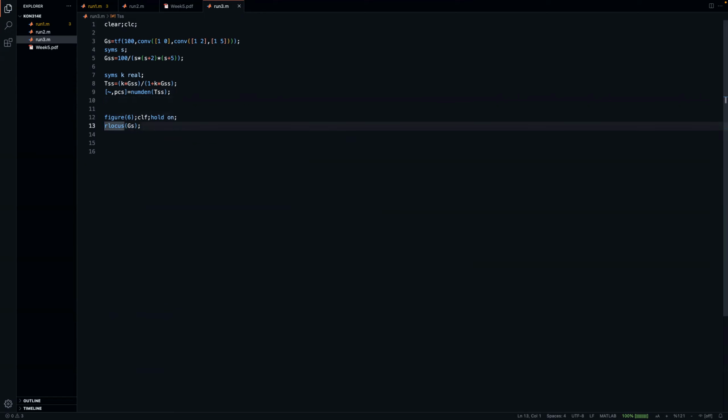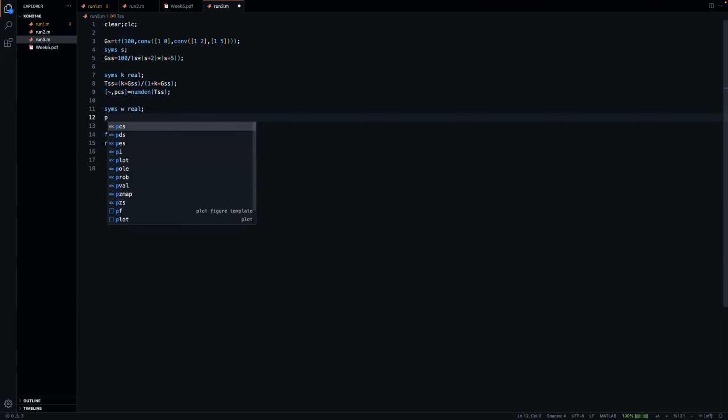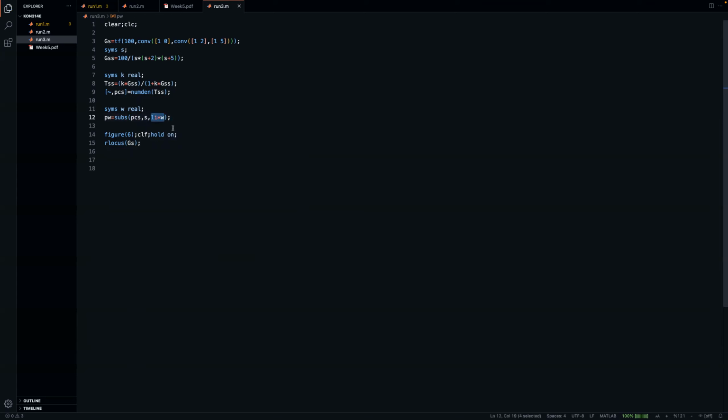So we're looking for the j omega axis crossing. Therefore, we're looking for a root that looks like this. I'm going to substitute into the characteristic polynomial a root that looks like 1i times omega, because s equals j omega is a root on the j omega axis.